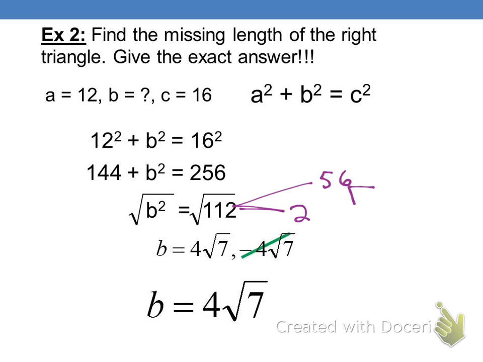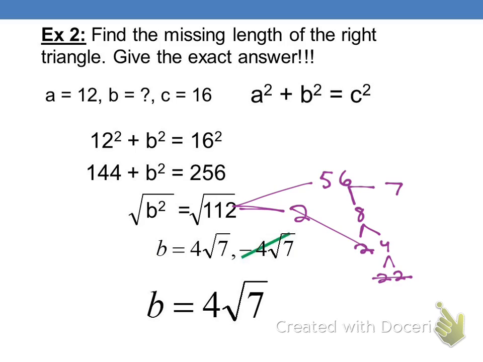So the 2 and the 2 gives you the 4 square root 7.